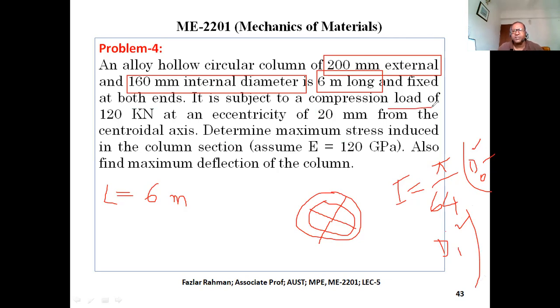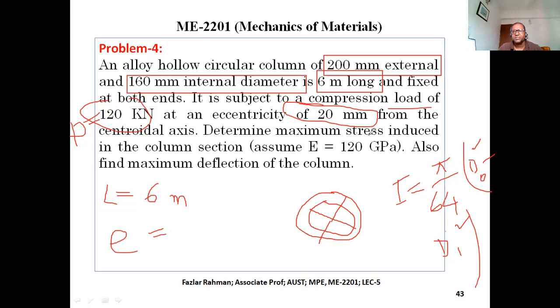And the load P is given, 120 kilonewton, at an eccentricity of 20 millimeter. That means the value of e is given, so immediately you need to use the second formula. And what do they want?